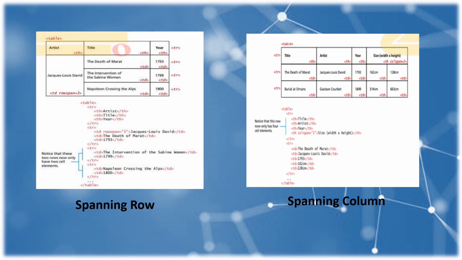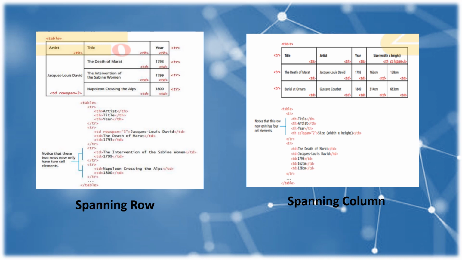This diagram represents the spanning row and the spanning column. Let us look into the spanning row. Here, the second row, that is Louis David, has occupied three columns, that is the Death of Marat, the Intervention of the Sabine Women, and the next one. We can do so by writing a program.